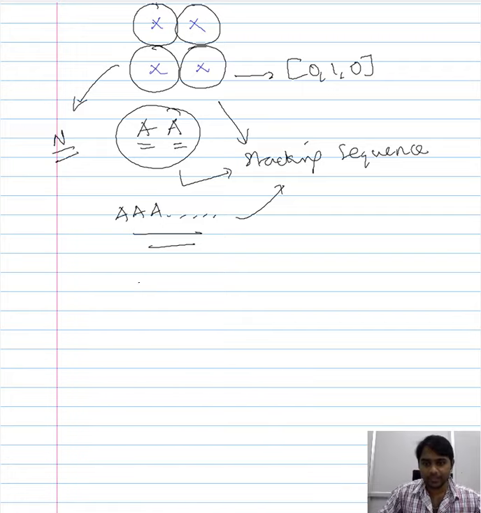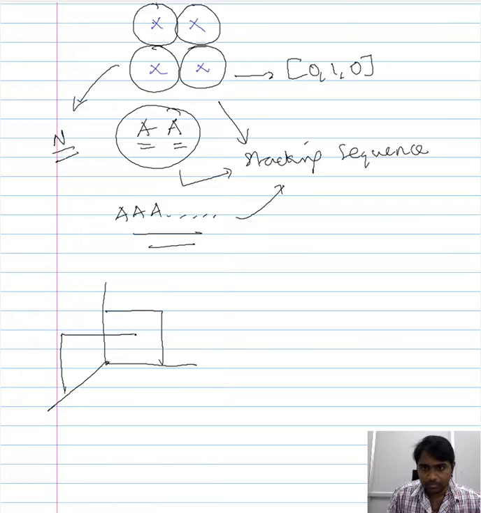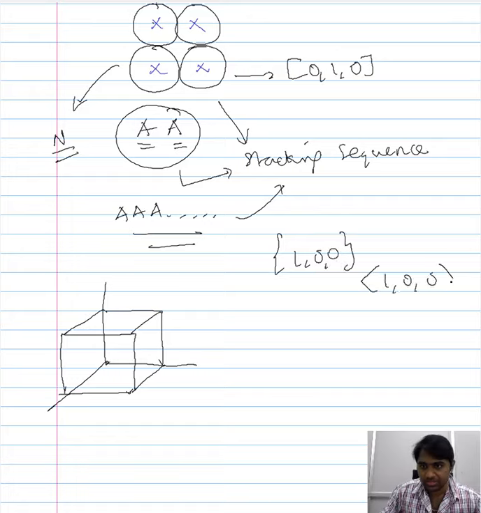Now, sticking with the simple cubic structure, so far the plane and the direction we focused on was the 1, 0, 0 plane, and the direction was 1, 0, 0.